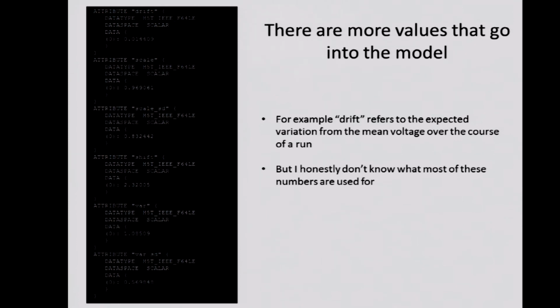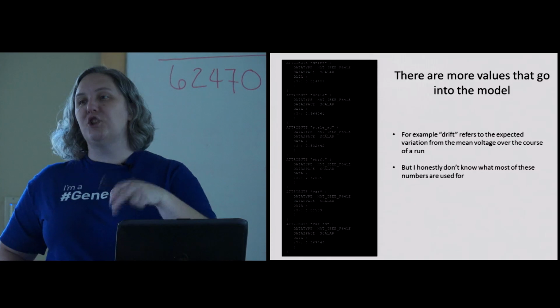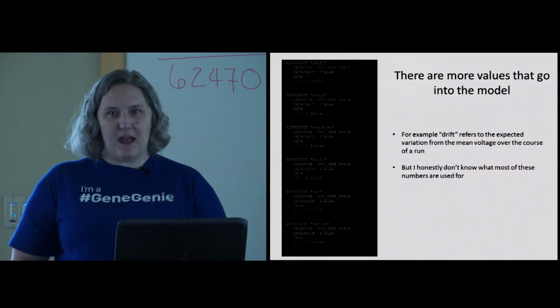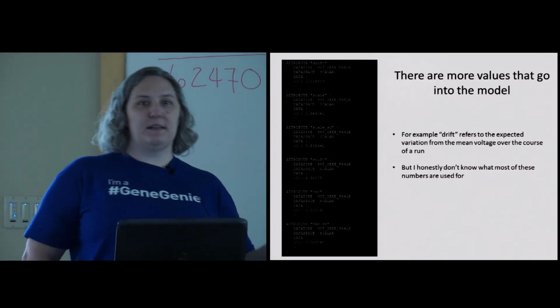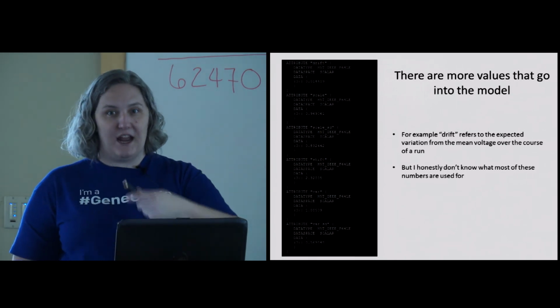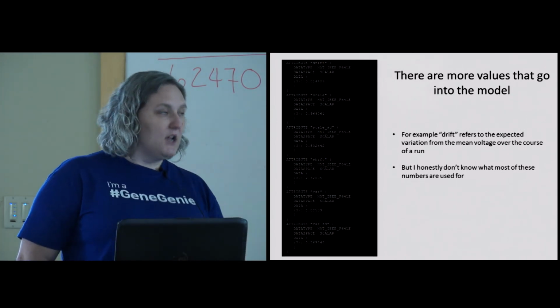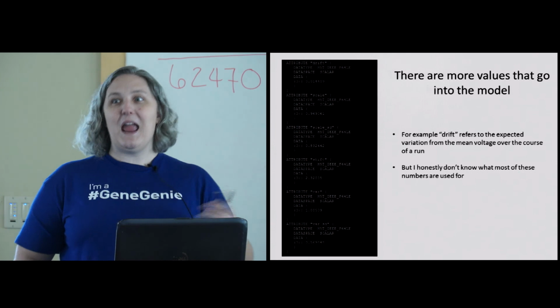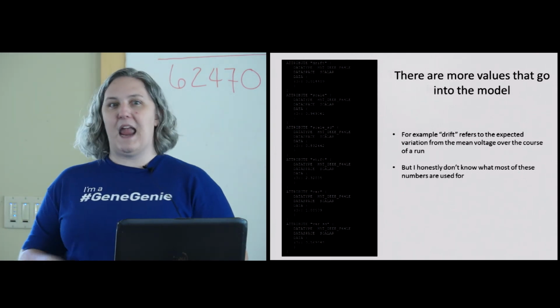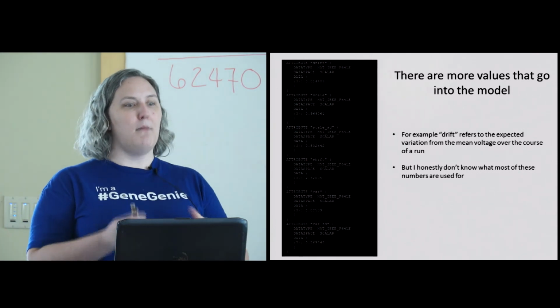There are, of course, also more values that go into the model. I don't know what most of these are. For example, drift refers to the expected variation of the mean voltage over the course of a run. So even though we are changing the bias voltage to try to account for that, different bases exhibit more drift and more changes in their expected event space. So they try to model that as well. Every possible thing that can be measured is modeled in this.